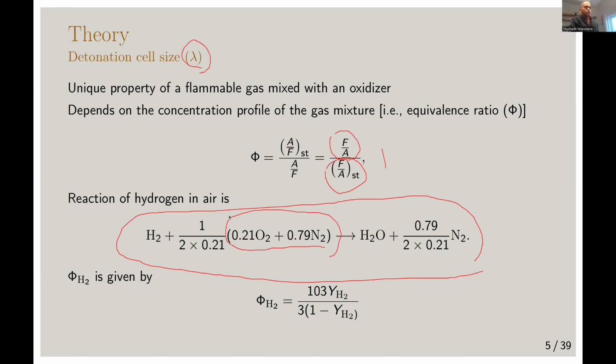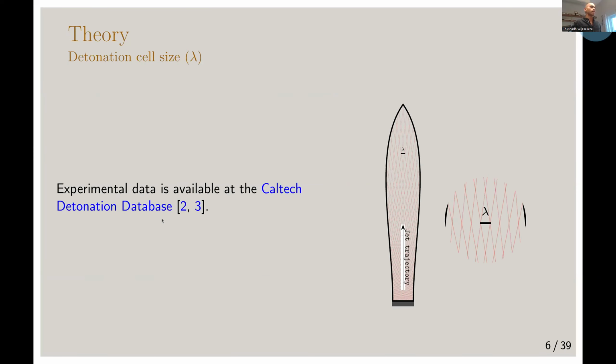And if we then use these coefficients that we have here, we can derive the equivalence ratio for hydrogen in atmospheric air to follow this concept, where YH2 is the mass fraction of hydrogen.